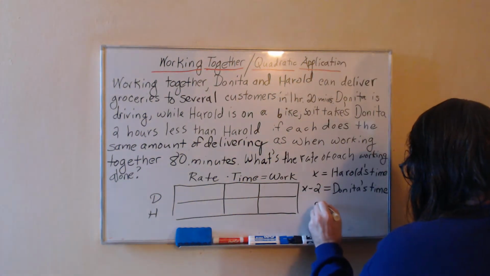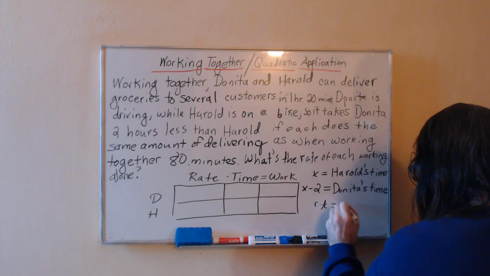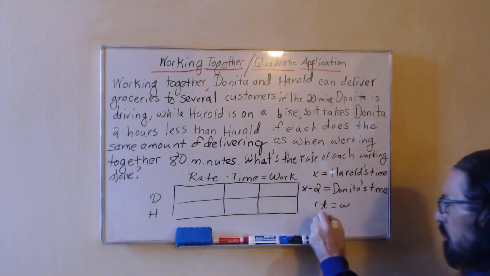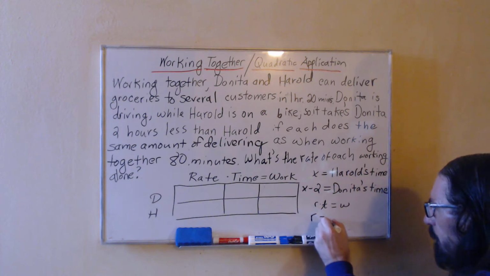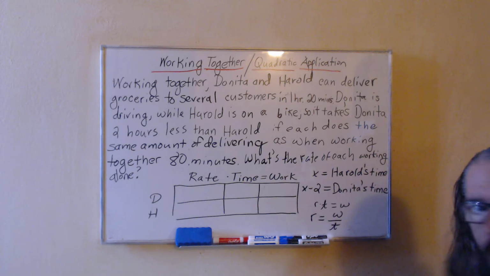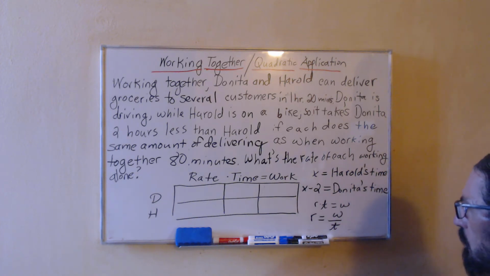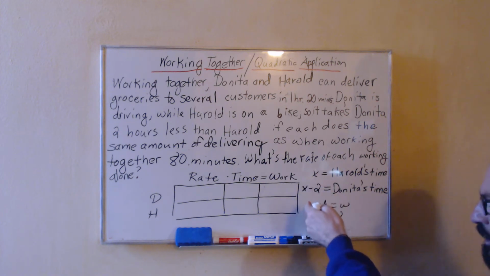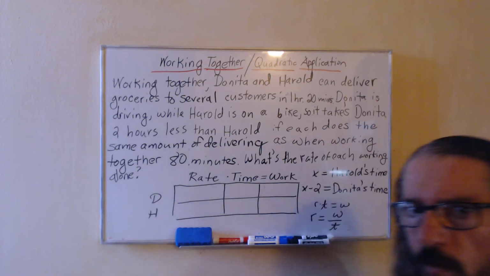So if R times t equals W, then dividing both sides by t, R is equal to W over t. But in that case, we know what we're going to be putting in for t. What are we putting in for W?